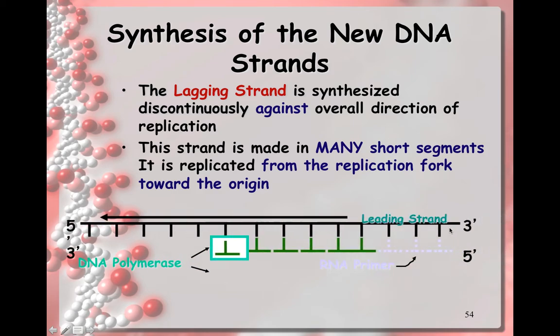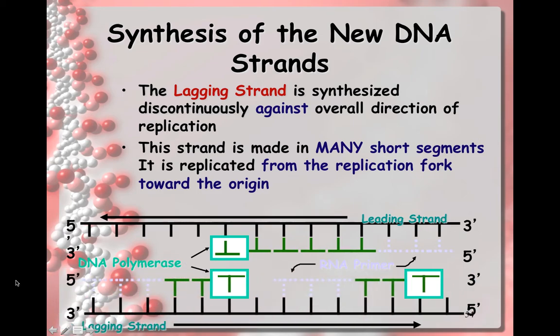So here's your leading strand. Your lagging strand is synthesized in the opposite direction and synthesized in fragments, piece by piece. While the leading strand goes one by one by one in a row, the lagging strand is created in segments.